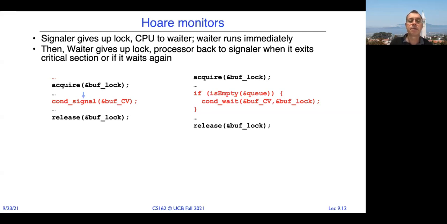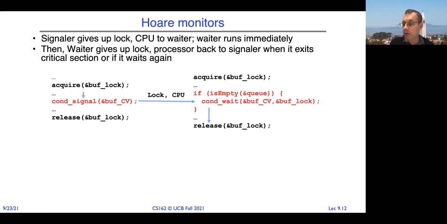Let's see what happens. When you execute this signal, you automatically release the lock, the buff lock here, and the CPU, and you immediately schedule the thread which is waiting on the buff CV conditional variable.